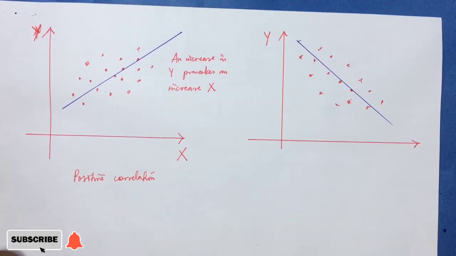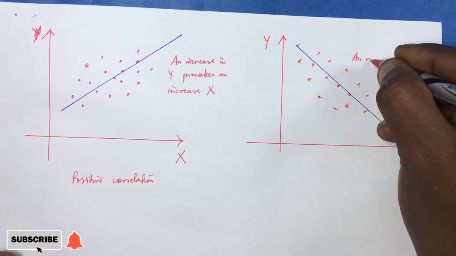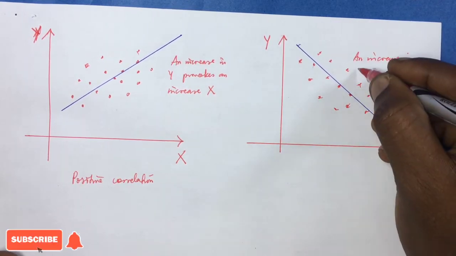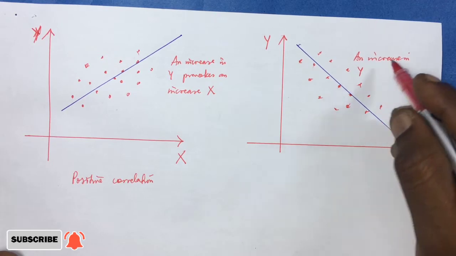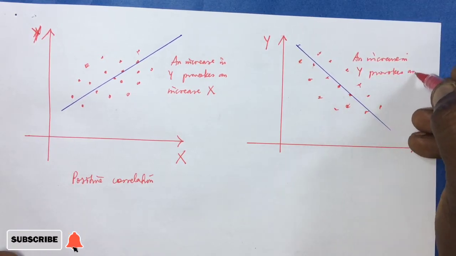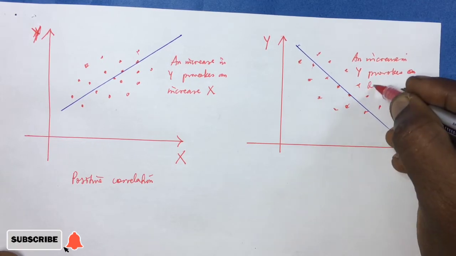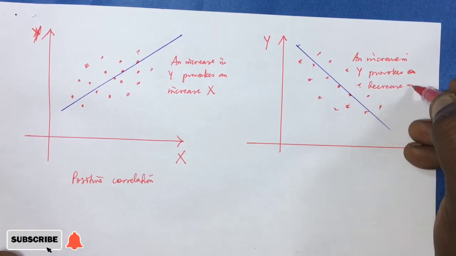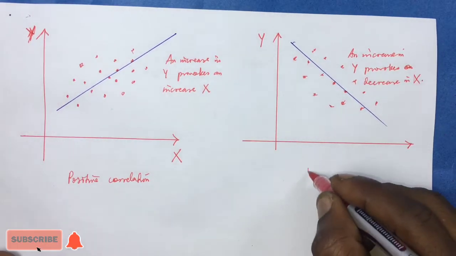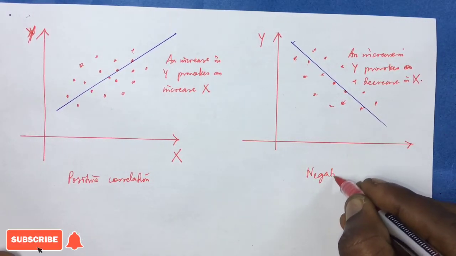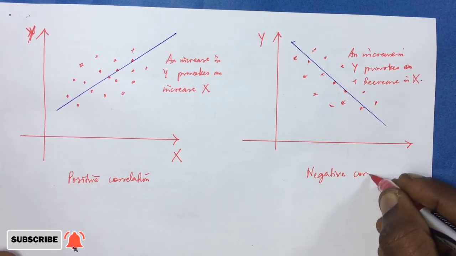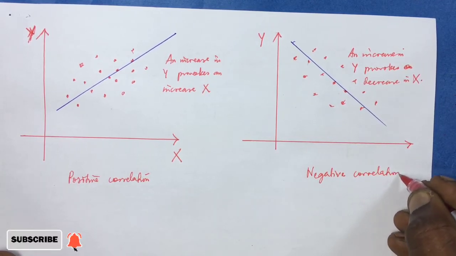In this case we say an increase in y provokes a decrease in x, and the scatter diagram is helping us visualize what we can call a negative correlation.